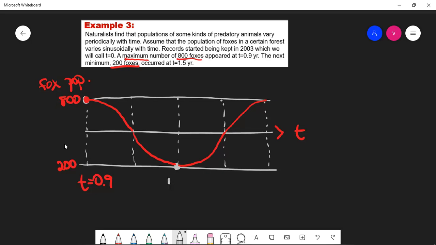Okay, so this is 1.5 right here. So if you know when it started at the max, that's the beginning of your cycle, and this is telling you how much half a cycle is. Half a cycle. So 1.5 minus 0.9 would be 0.6.